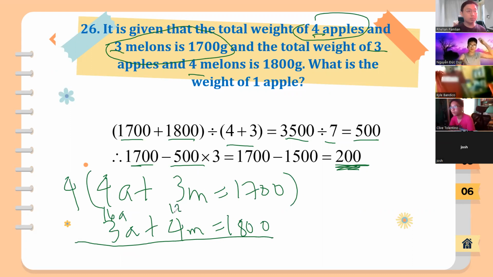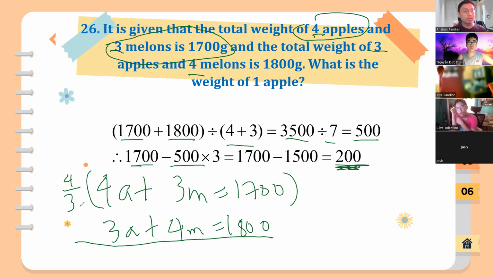No, you need to multiply it by 4/3. Multiply it by 4/3 to eliminate melons. You want to have 4m also here. So 4/3 times 4, this is 16 over 3 a, plus 4/3 times 3m, that's 4m.